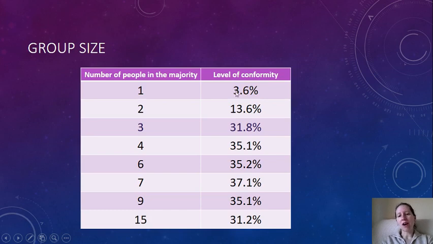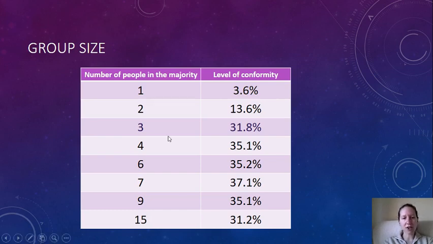You've got a really low level of conformity in that case, 3.6%. Let's imagine now there are three people. There are two confederates and there's also the participant. The two confederates or accomplices give the wrong answer. Again, quite low conformity rate, 13.6%. A lot lower than the original if we're comparing this to our 36.8% that we had in the original experiment.